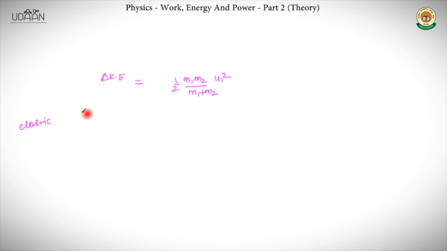Let the initial velocity of the particle of mass m1 be u1 and the final velocity of mass m1 after the collision be v1. Let us consider the body of mass m2 with the initial velocity u2 equal to 0 and the final velocity v2.